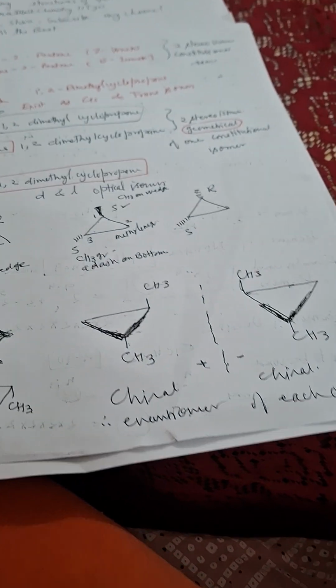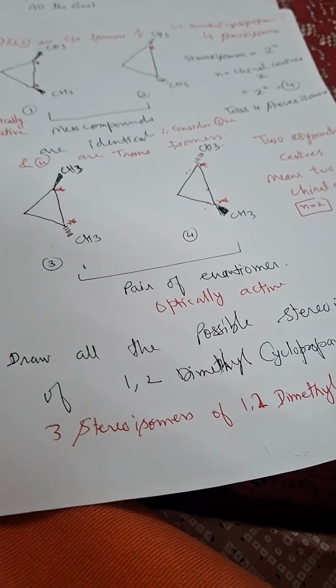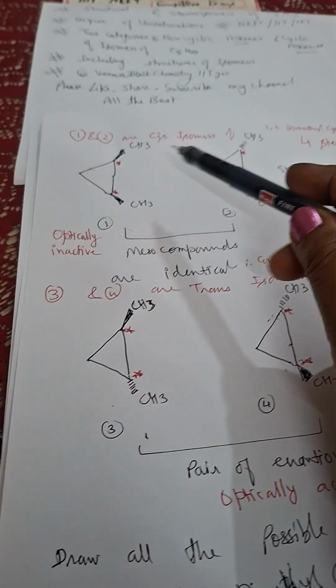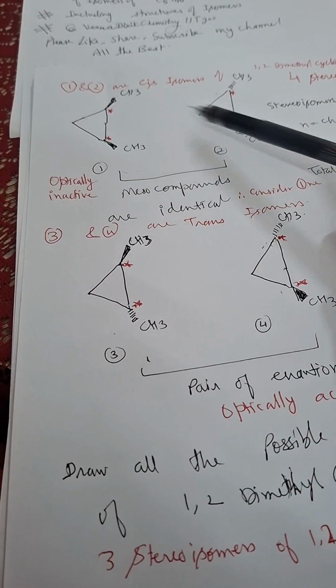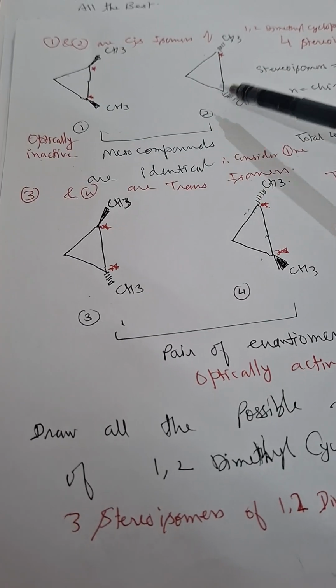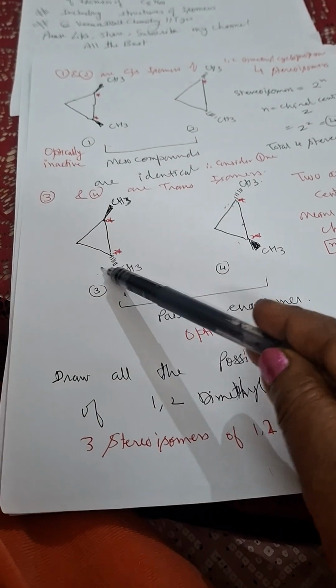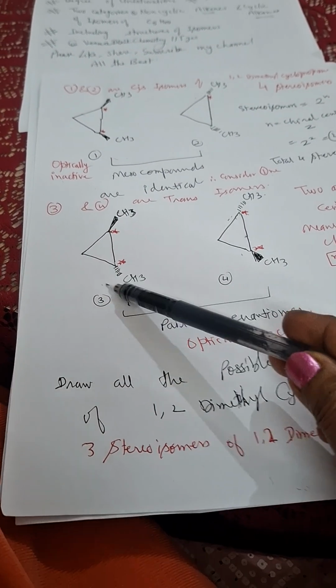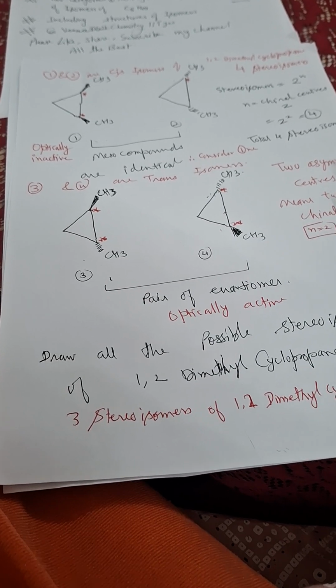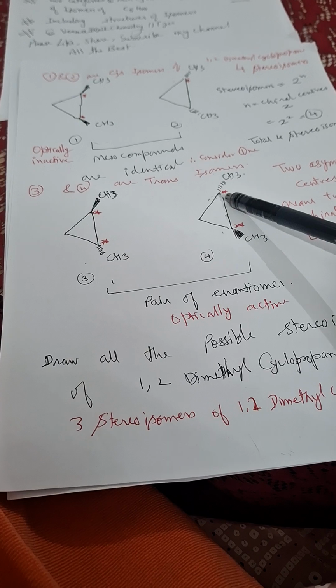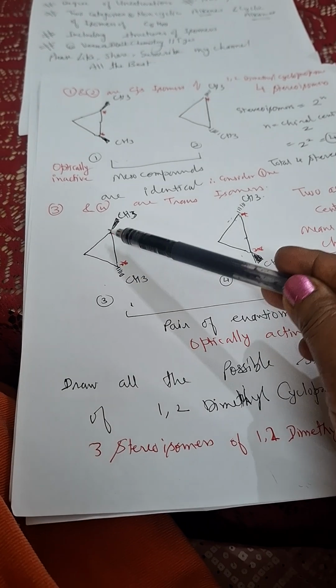Clear? Now sometimes they will give this type of structure: 1 and 2 are cis isomers of 1,2-dimethylcyclopropane, and they are the same structure. The trans form has D and L structures. Two asymmetric centers are there, this is first and this is second.